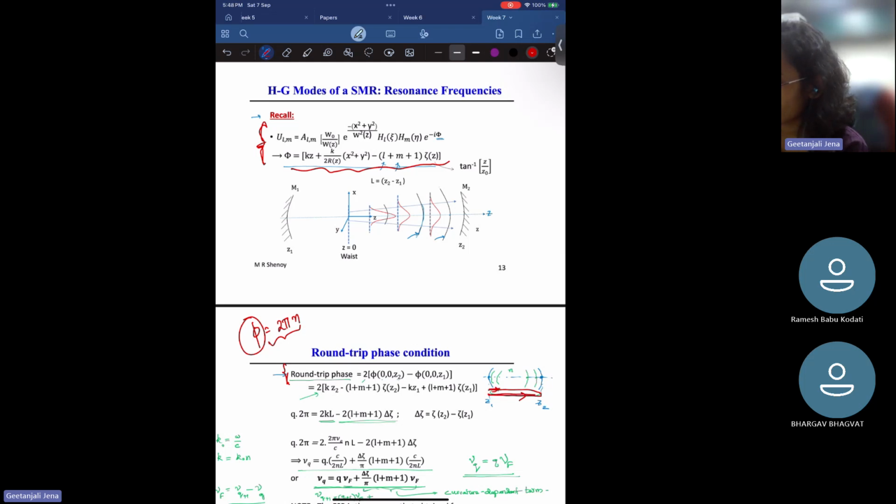This is one round trip. So let us take the initial phase here as phi 0 0 z1, and the phase here is phi 0 0 z2. Right?